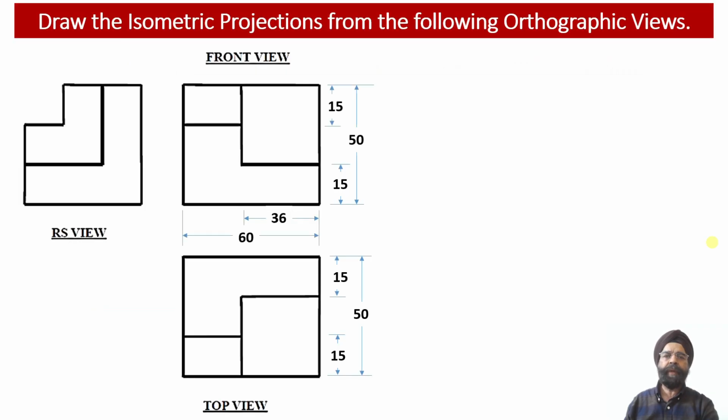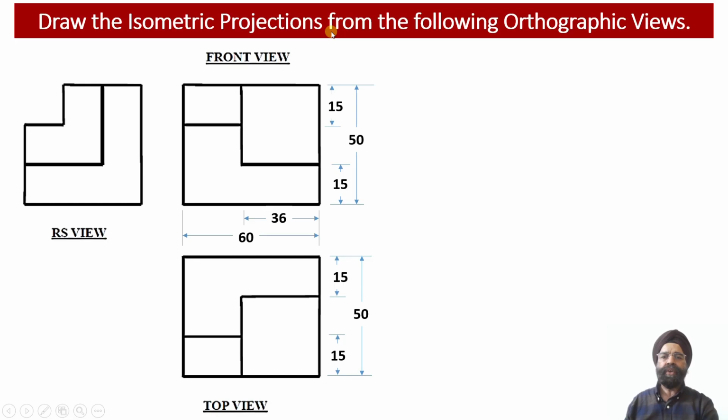Now here we have been provided with orthographic front view, top view and the right hand side view projections in such a way that we are required to club the information which is provided to us through these three orthographic projections into a single 3D isometric projection of the solid.